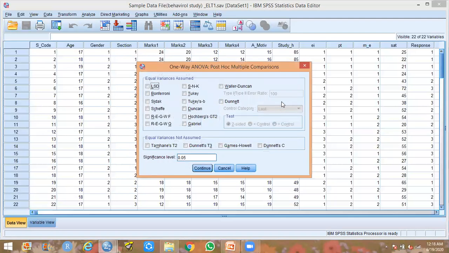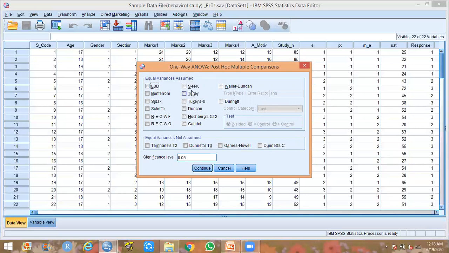There exist several post hoc tests for data analysis in the SPSS tool. Most of the times we use least significant difference.